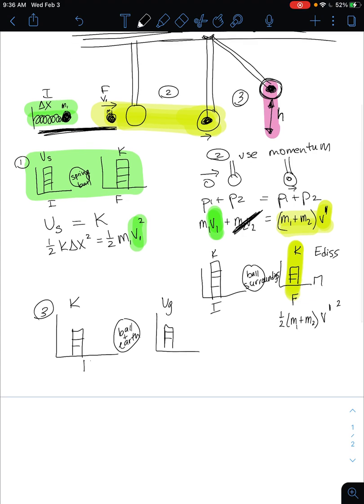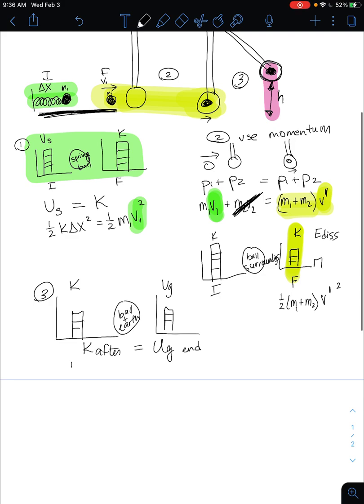And I'm going to be able to set the kinetic energy after the collision equal to the gravitational energy at the end. So I will take my 1/2 of both of my masses added together times their speed after the collision squared and set it equal to both of my masses added together times g times my h that I'm solving for, that delta y.